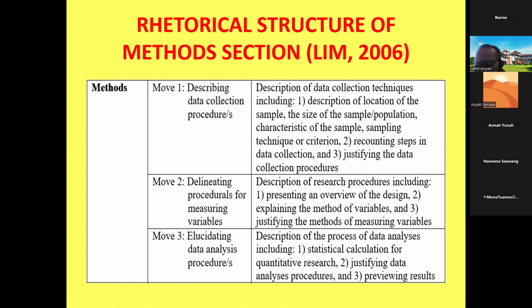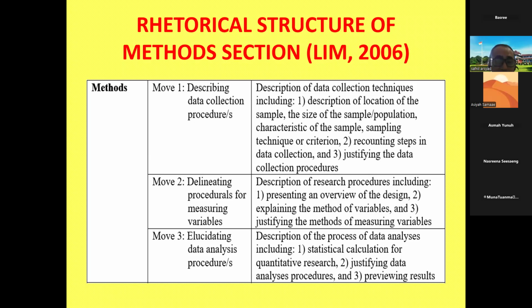For example, we choose a particular technique of data analysis by following previous authors, by following suggestions from the research method books. So we have to cite reference here, to support the choice of our research method.